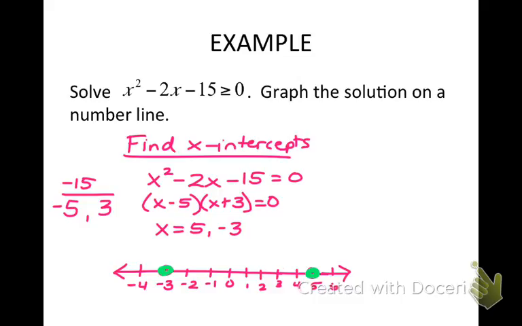So now let's think about where this graph would be positive. What I want you to do is, on your graphing calculator, go back into that y equals screen. We're only doing this till you get the hang of visualizing what is happening. So type in x squared minus 2x minus 15 into your y equals. You're not going to need to do this every time.